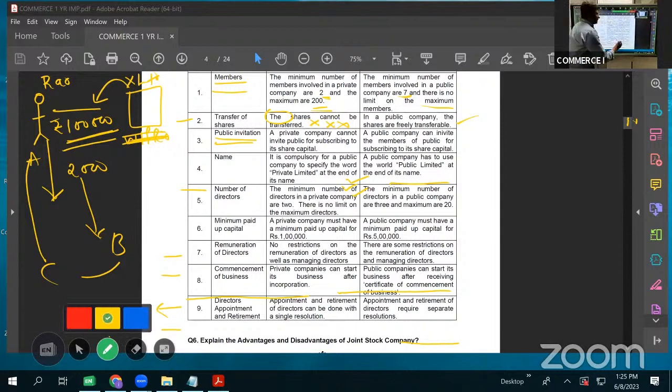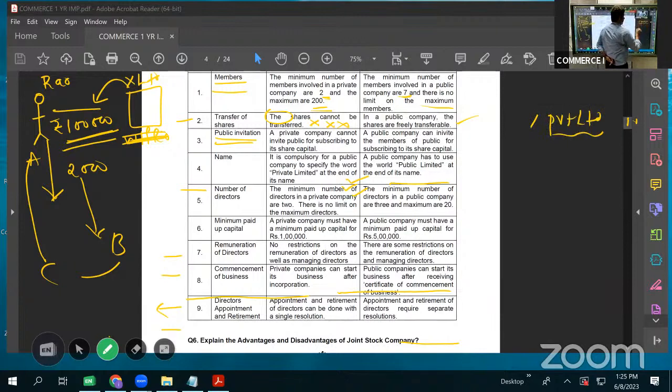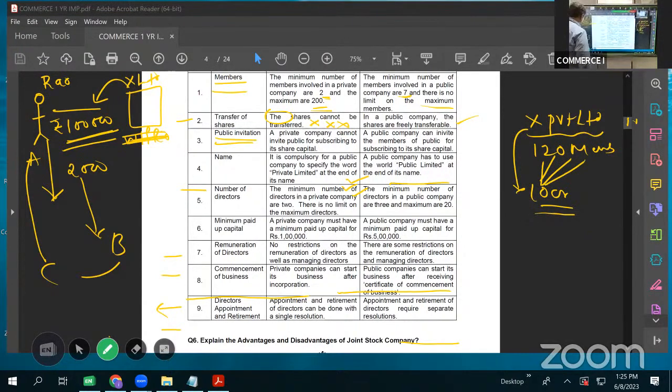Suppose this is X private limited, a private limited company. They are having, let us say, 120 members. This company needs a finance of 10 crores. Where will they get this 10 crores from? It will be contributed by these 120 members only. Whether it is 120 members or 150 or 180 members, as many members as there are will contribute the total capital required by a private limited company, of let us say 10 crores.